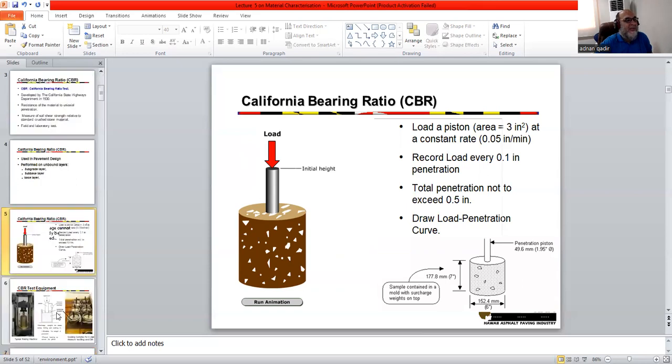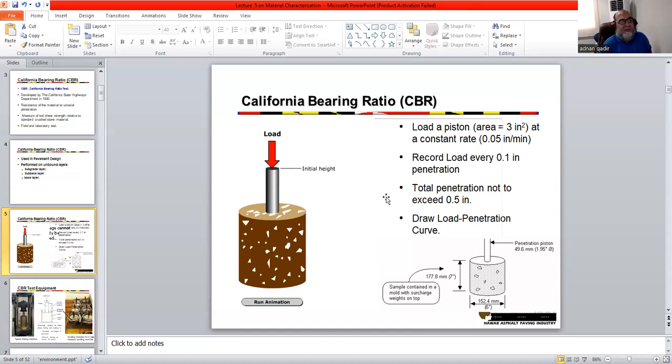There are a few things that should be noted in the CBR test. One thing is that the samples are prepared at a moisture content that represents the maximum dry density of a soil sample.